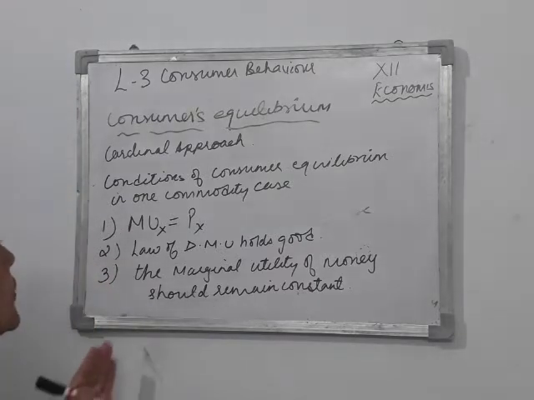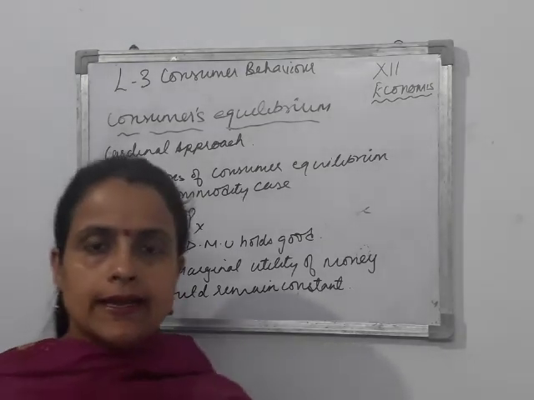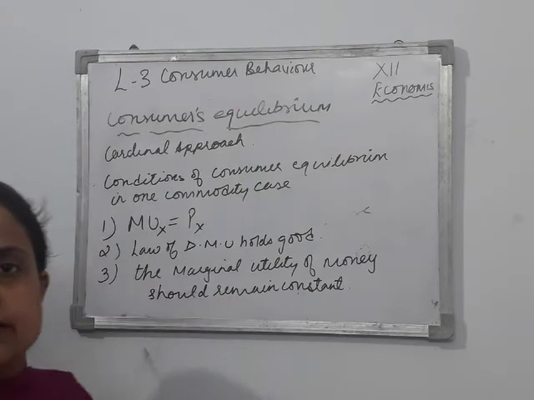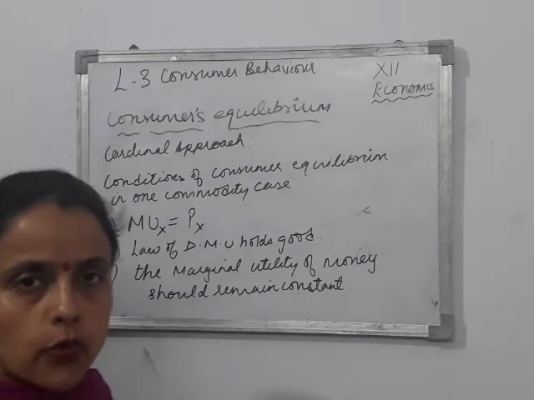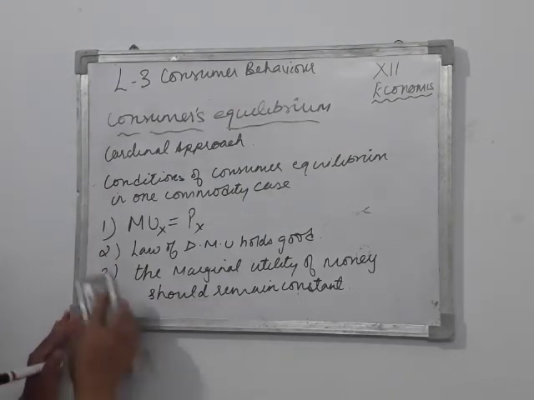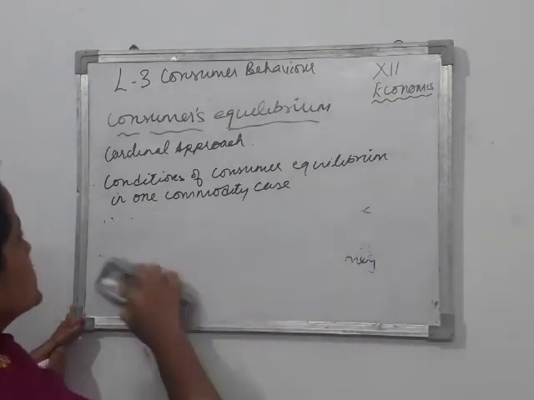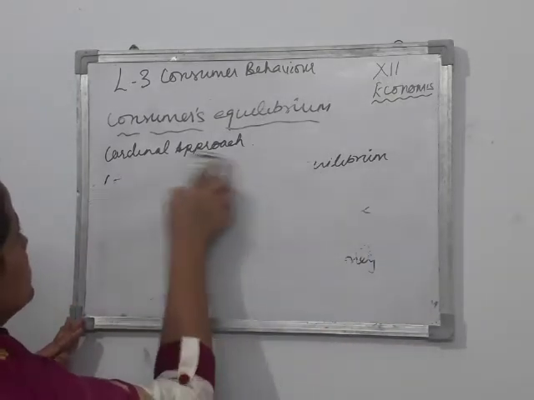Now today we are going to do consumer equilibrium through cardinal approach only, but it is going to be two commodity case. Right children? It is going to be two commodity case, and I am not going to mix up things or make things confusing for you, so I am going to go at a very slow pace. So these were the conditions.